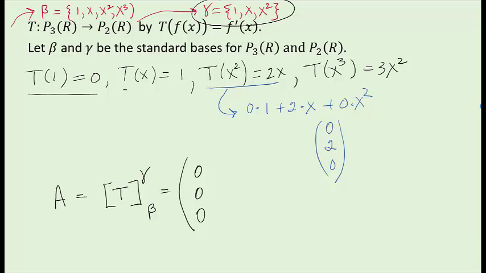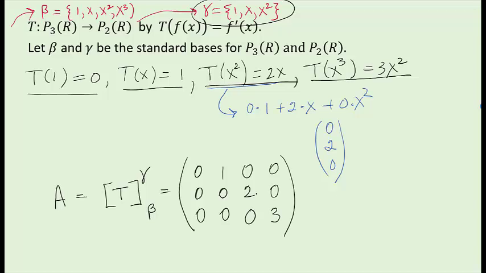The next one, T of x equals 1, and 1 is 1 times 1, 0 times x, 0 times x squared. T of x squared, we did that column vector: (0, 2, 0). And T of x cubed is 0 times 1 plus 0 times x plus 3 times x squared. And this is the matrix that represents the linear transformation T.